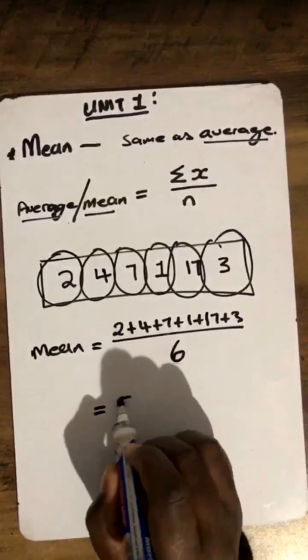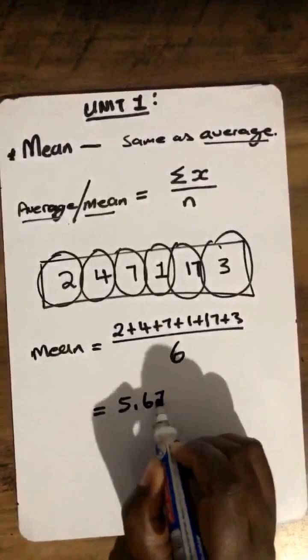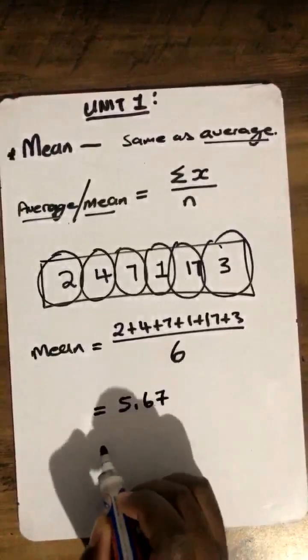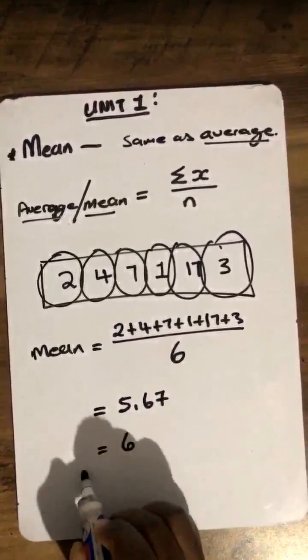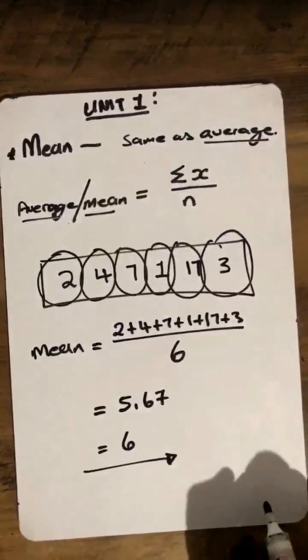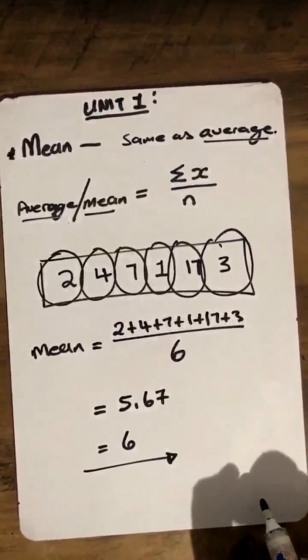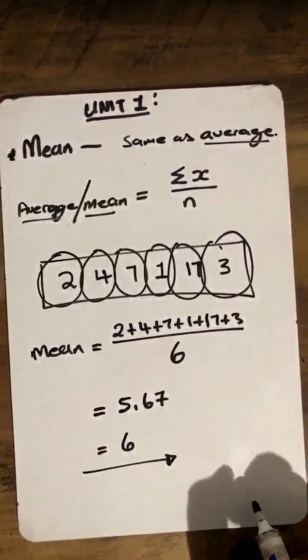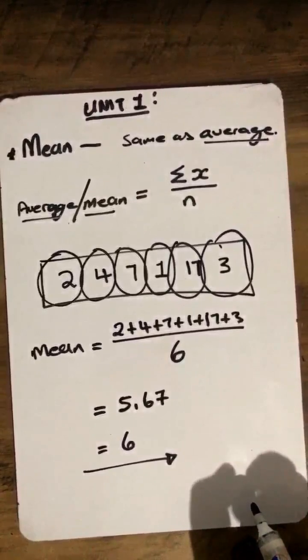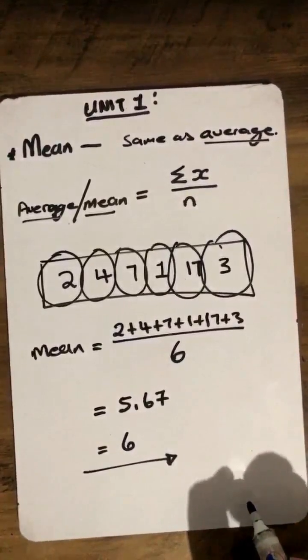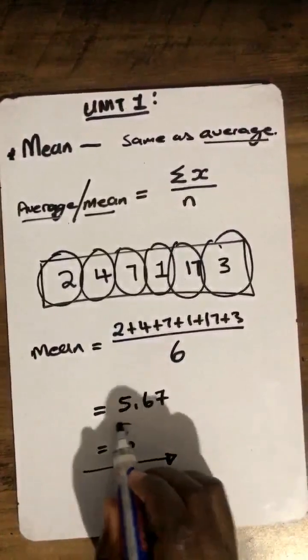It's actually 5.67 rounded to 2 decimal places, and then you can still just say 6. So, in short, it simply means that on average, a grade 10 learner eats 6 times per day.